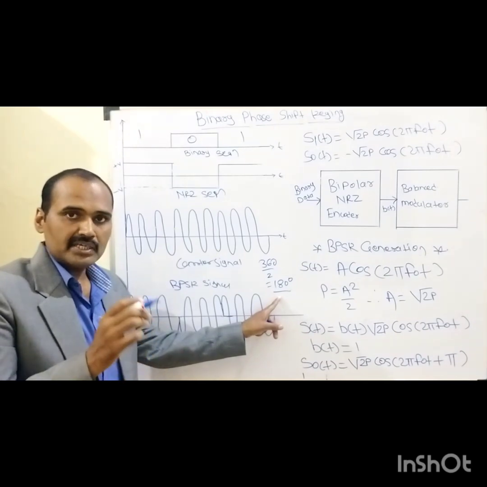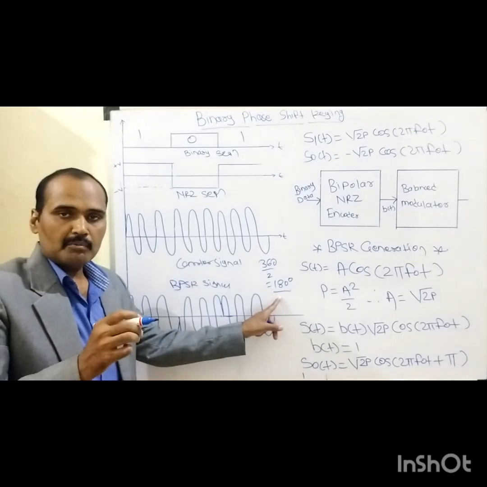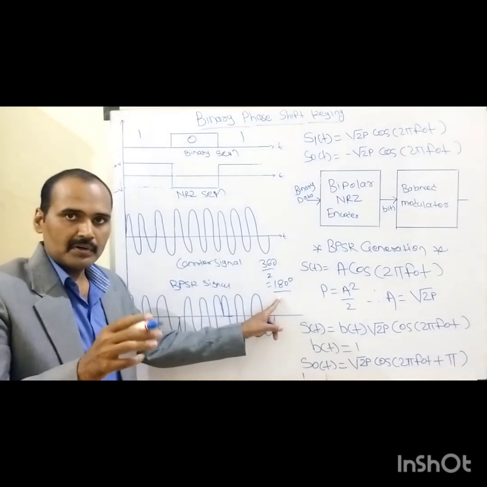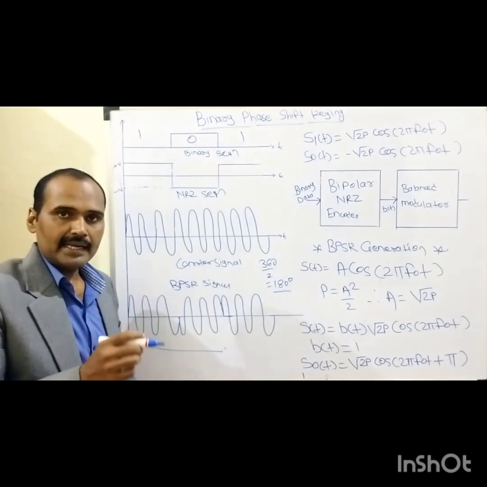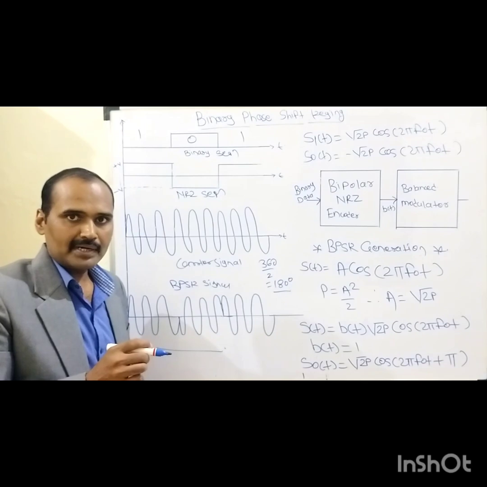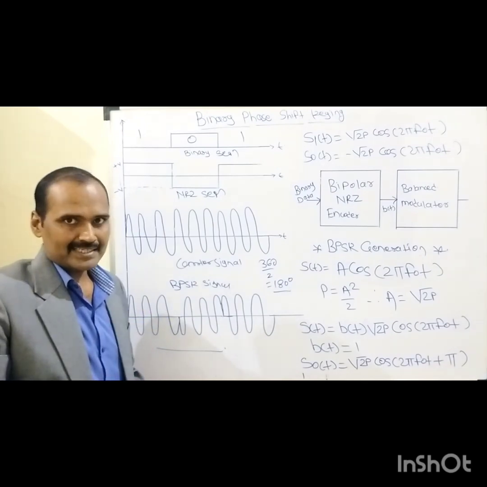This is the basic of binary phase shift keying. As I told you earlier, this modulation involves the modulating signal and the unmodulated carrier signal. In case of BPSK, we are dealing with the phase of this carrier signal, right?